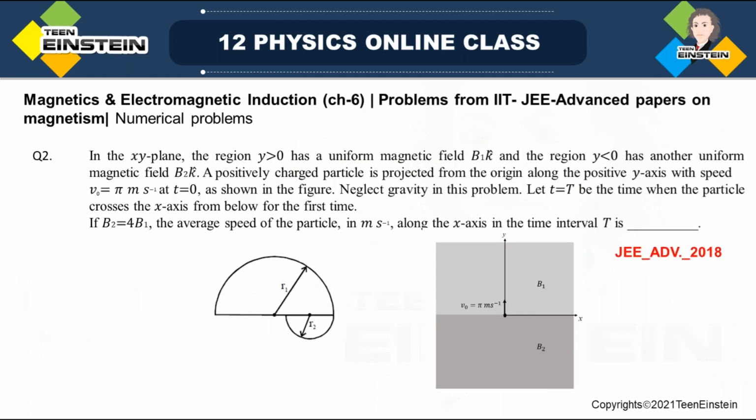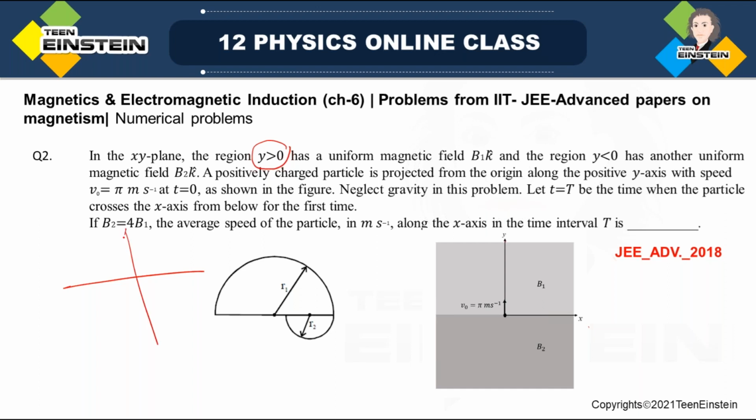This is from magnetics. Okay, so you can see there is the XY plane, X and Y. It has a uniform magnetic field B1 k-cap in the region y greater than 0. That means the positive side.